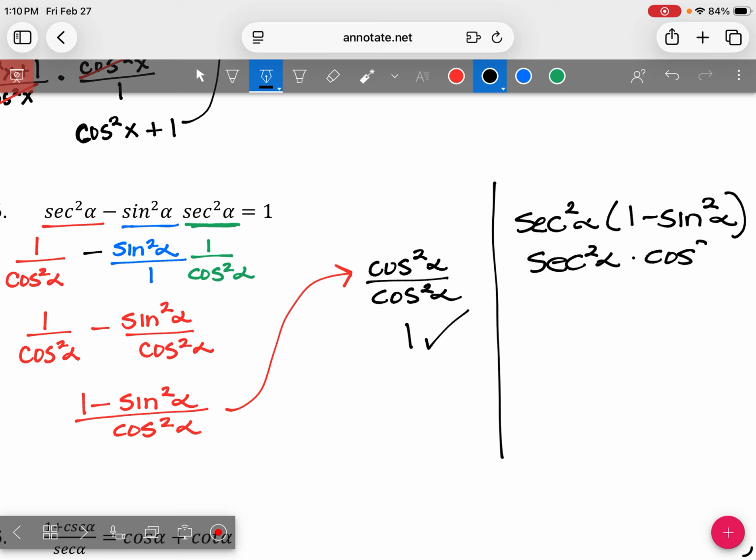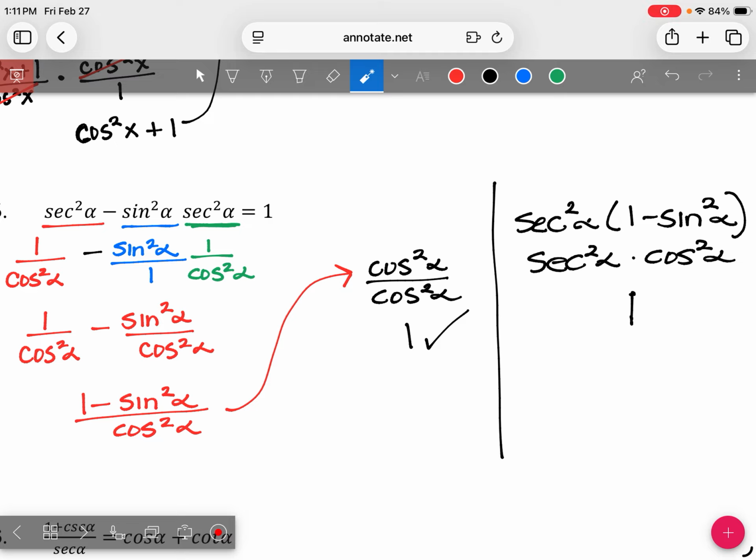And you get to the 1 a lot faster. So we didn't have to do all that, and I was debating which way I wanted to do it. I would say this is the highway, this is the street way. I don't care. Do it whichever way you got to do it, but you have to prove to me that it equals 1.